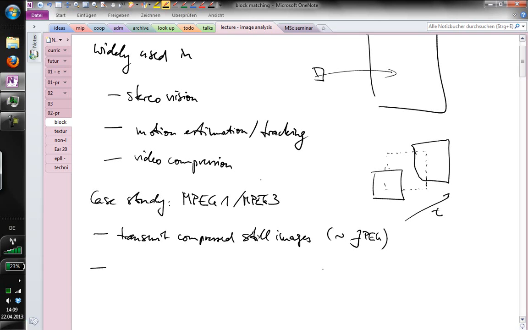As I sketched above, you try to explain each block in this interpolated image as a block either in a preceding or in a subsequent image that was moved to this particular point.